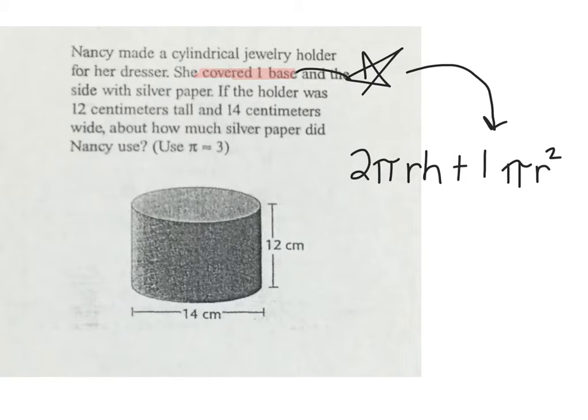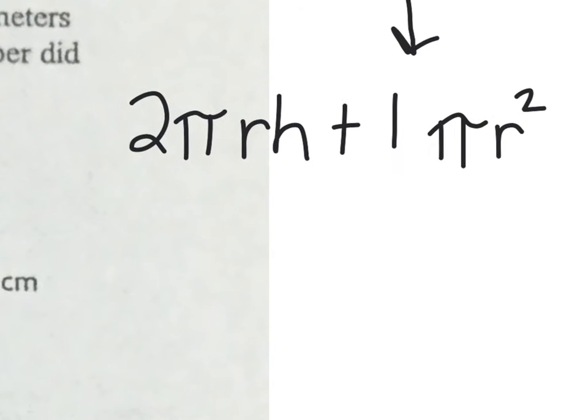If I look here, okay, 14 is the diameter, so that's important. Let's divide that by 2. 14 divided by 2, the radius is going to be 7. All right, so now we can fill in to our formula. Zoom in some.